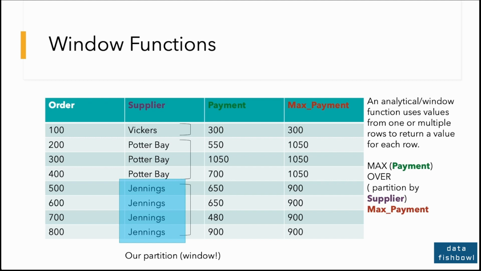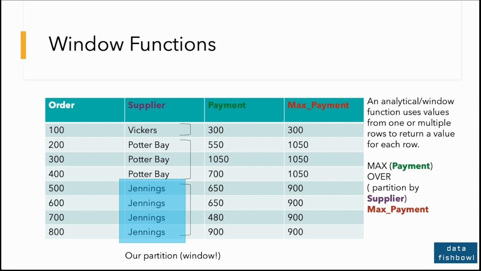So what we've done, we've partitioned by supplier here. So we're saying for each supplier, which is our window, we're looking at the maximum payment made within that window. So let's step through it slowly so it's clear.